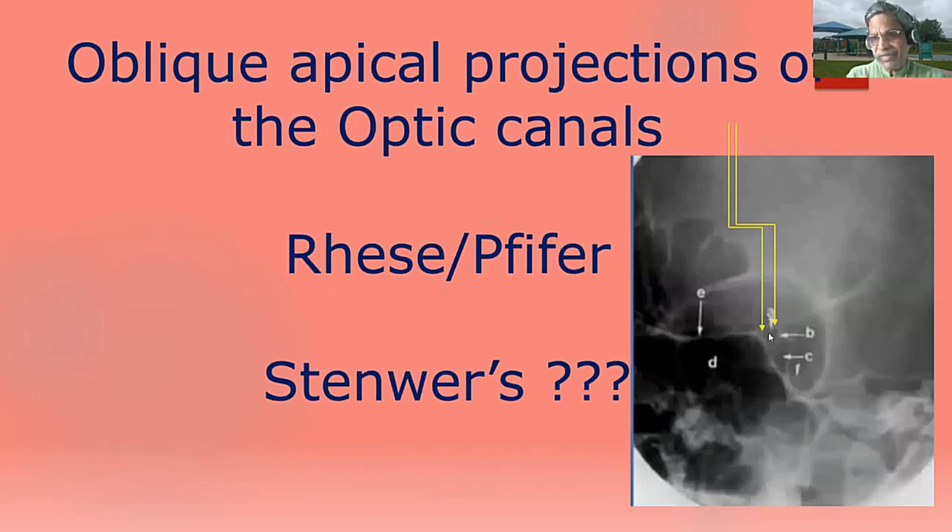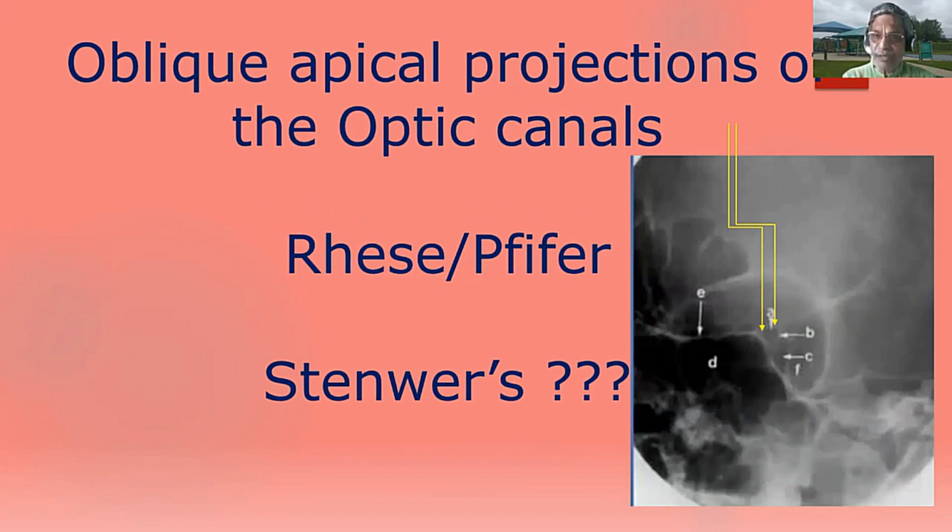You see the optic canal here. This optic canal view is called Rees view or Pfeiffer's view. Just know this: the optic canal can be visualized in what view? Which view will they ask in exams? Your answer is Rees or Pfeiffer's.